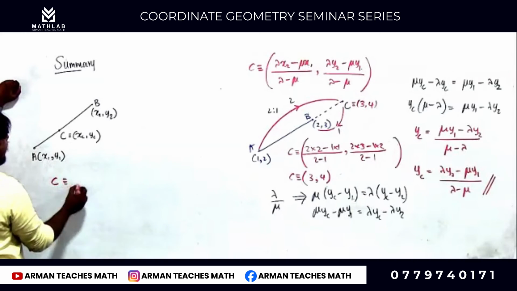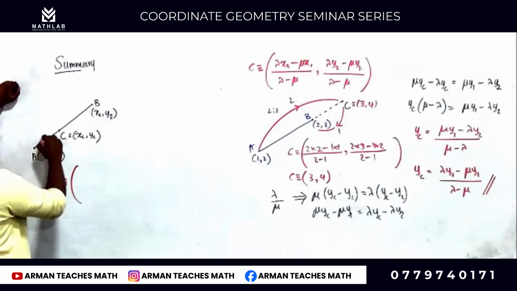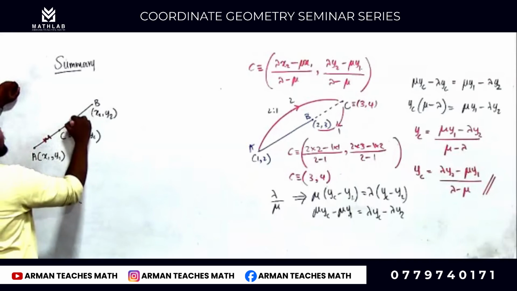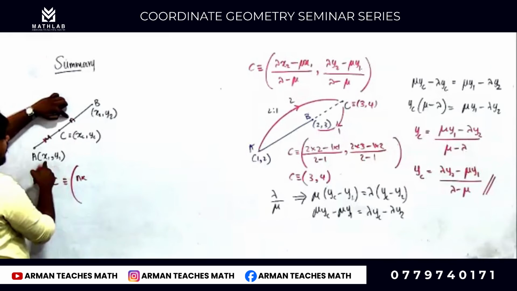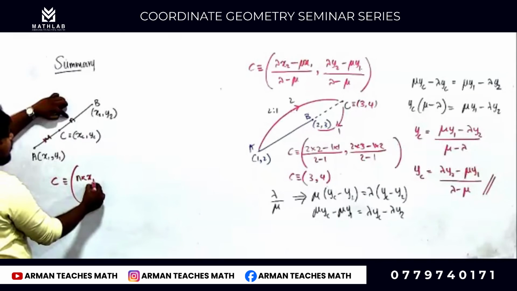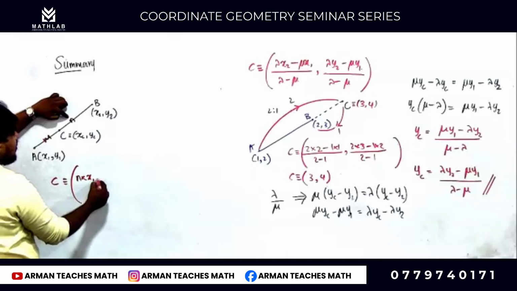Capital C point's x coordinate. How do we take it? If I am taking the ratio as m is to n, n times x1, what? Plus or minus? Plus.